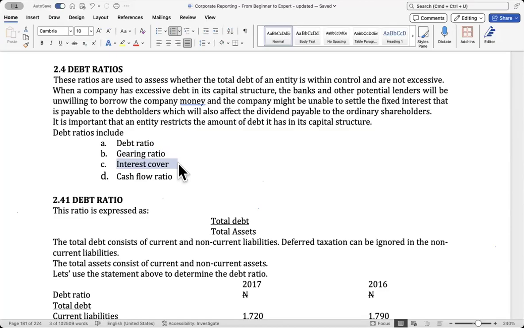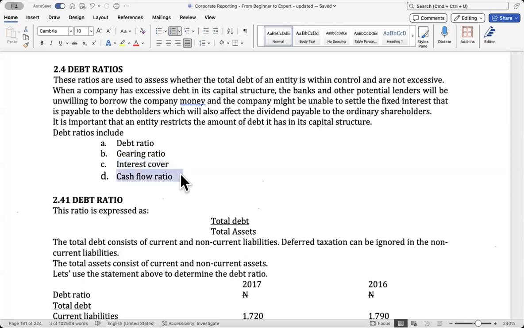So, of course, the more times the better. Some people will say 3 times, some people will say 6 times. Of course, the higher the better. If you can cover it as many times as possible, that's better for the company.